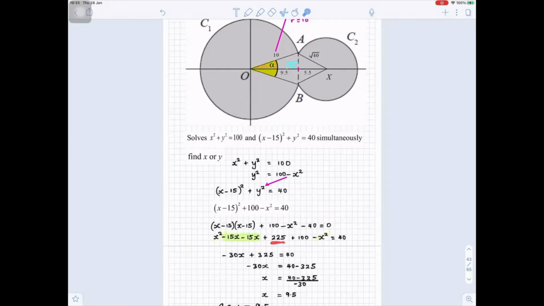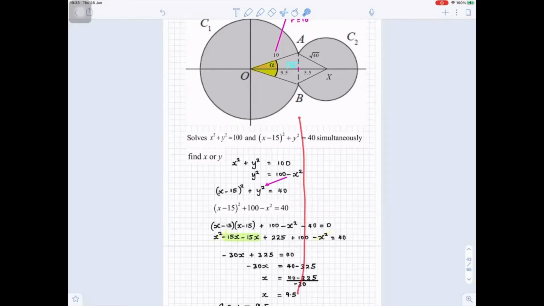And then 225 plus 100 gives us 325. So we take the 325 to the right hand side, it becomes minus 325. So it's 40 minus 325, equals minus 30x. You divide by minus 30, and that will give us x to be 9.5.